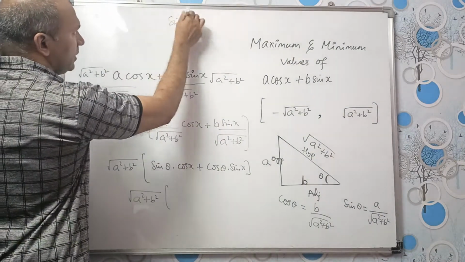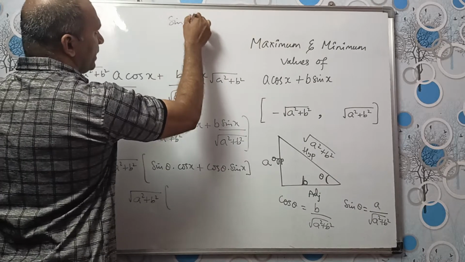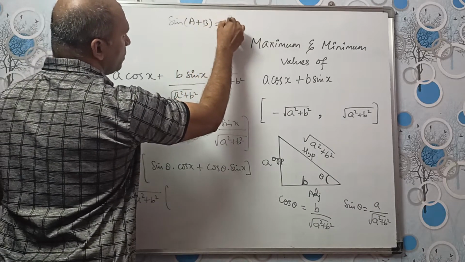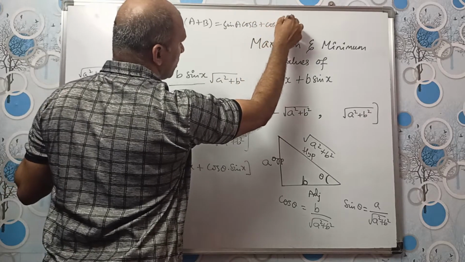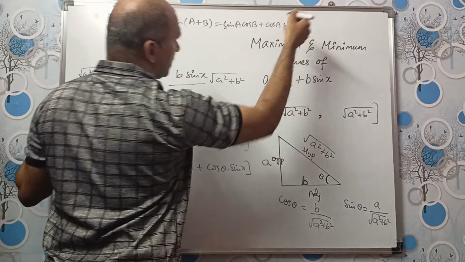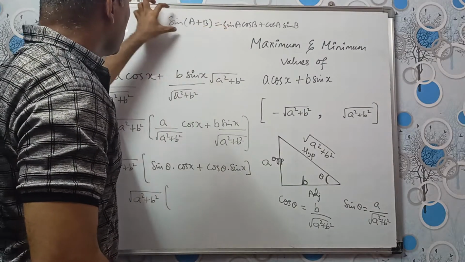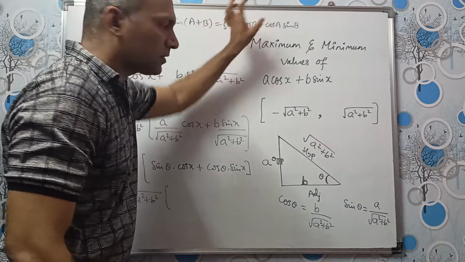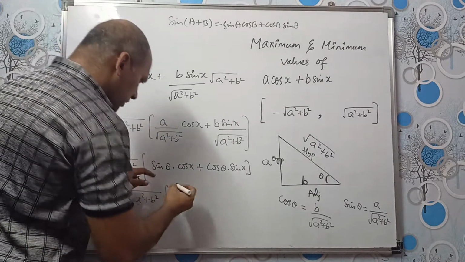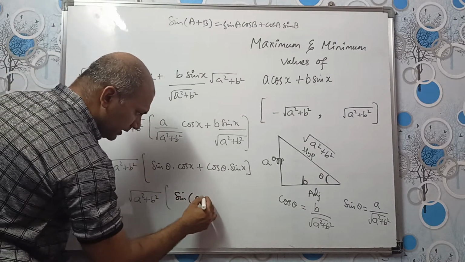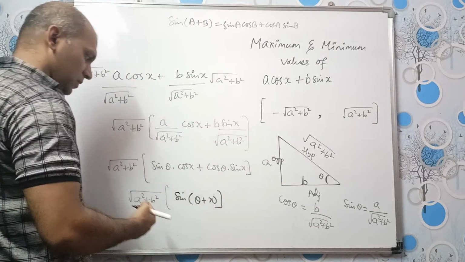We have a formula: sin of a plus b is equal to sin a cos b plus cos a sin b. It is in this form only. So can we write this as sin of theta plus x? Yes.